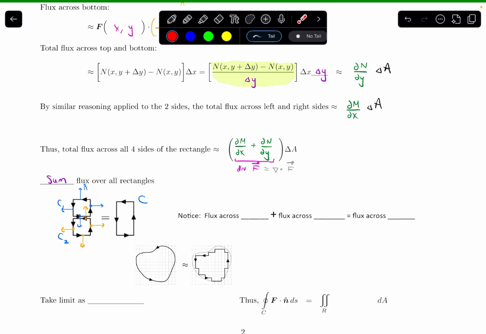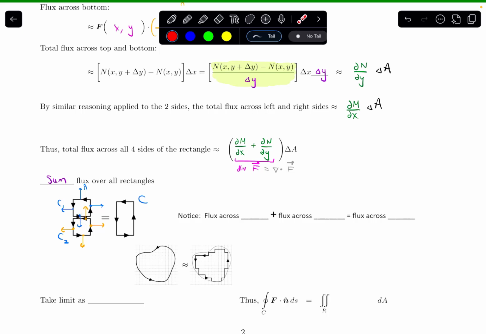So when I'm calculating the flux on this portion, for the bottom rectangle, I'm orienting the normal that way. So I want to know the rate at which this fluid is passing through that curve going that way. For the top rectangle, the normal vector is oriented this way. So I want to know the rate at which this fluid is passing through that curve going that way.